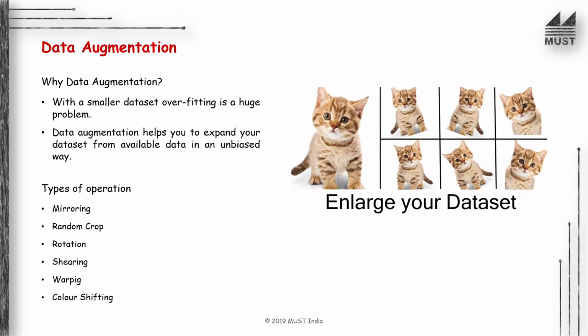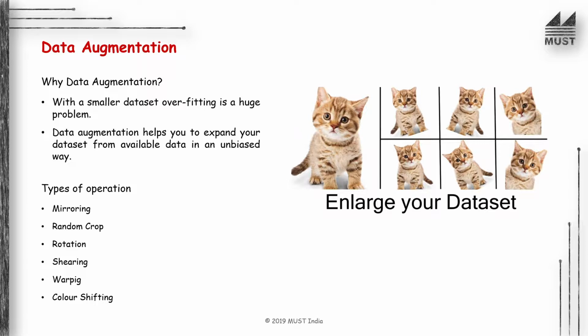Now, why unbiased way? I'll come to it. So let's say you have the base image or the original image of a cat like this. Now from this, you want to expand your data set. Typically, you try to apply certain matrix or image related operations like mirroring. So you try to mirror the cat image, and you get another new data image.